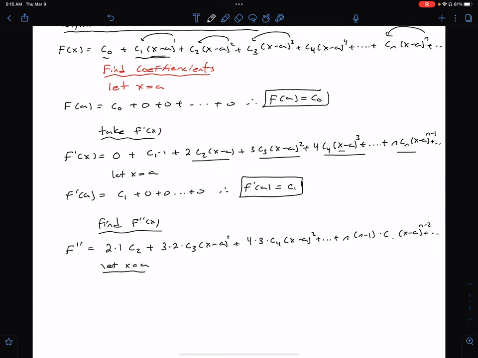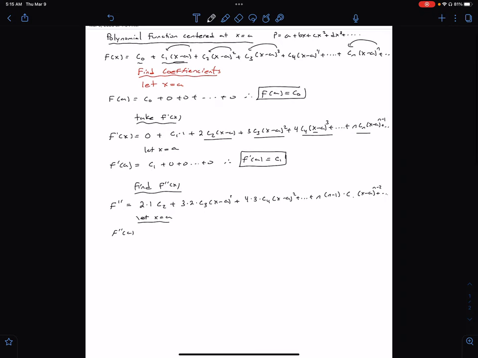If we let x equal a here, we will get the second derivative at a. And that's going to give us just 2c2. So we're going to get 2 times c2 plus, and again, I'm going to leave this as 3 times 2 times, of course, that just becomes 0, plus all these other zeros again.